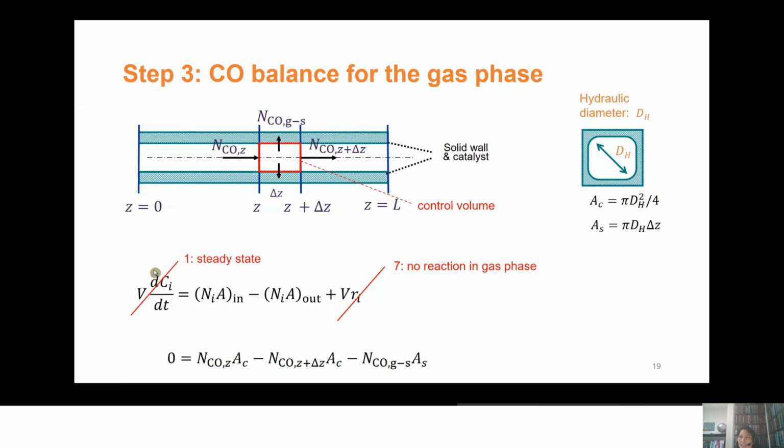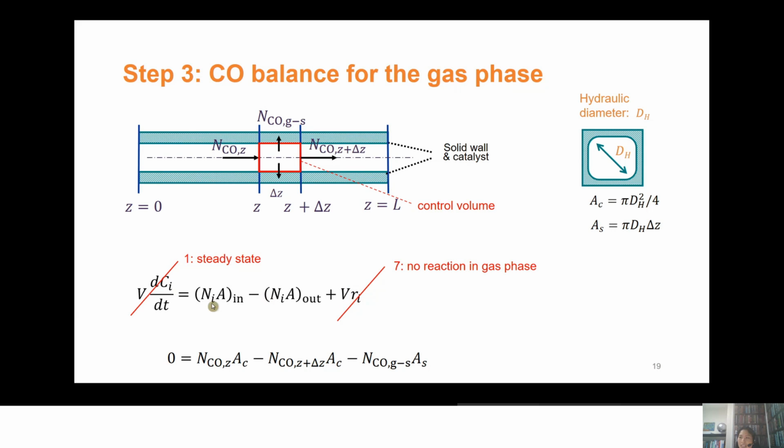Okay, and then we write the general dynamic material balance, and then we remove all of the terms allowable by our assumptions. Assumption 1, steady state, means we don't need the accumulation term. Assumption 7, no reaction in the gas phase, means that we don't need the generation term.